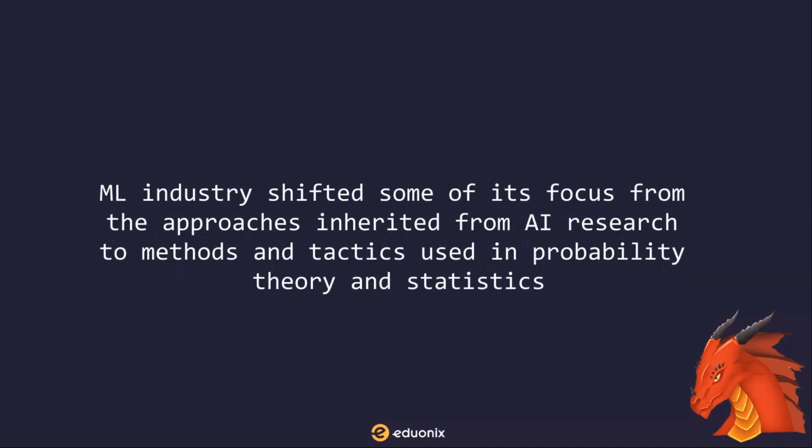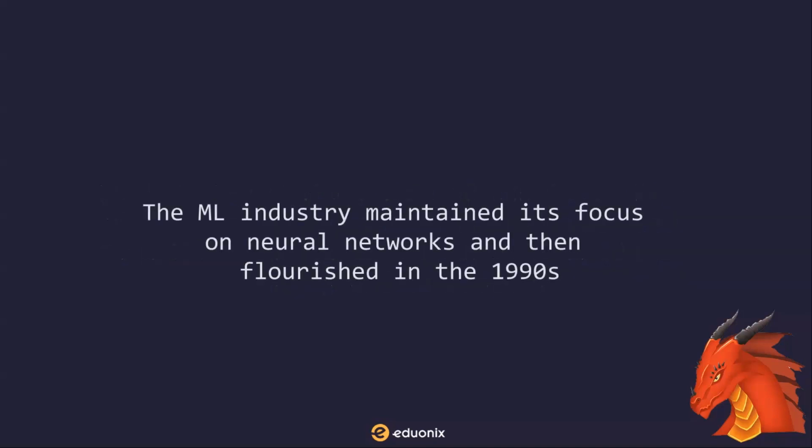ML industry shifted some of its focus from the approaches inherited from AI research to methods and tactics used in probability theory and statistics. During this time, the ML industry maintained its focus on neural networks and then flourished in the 1990s.